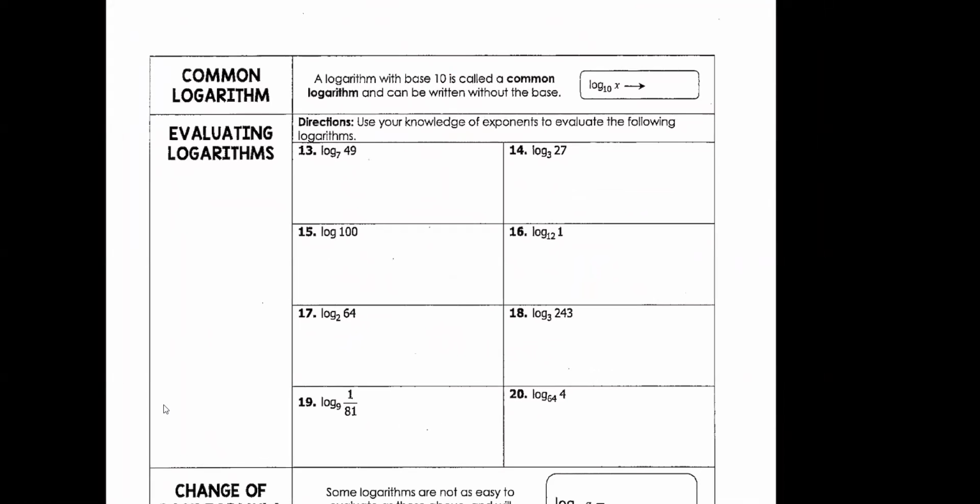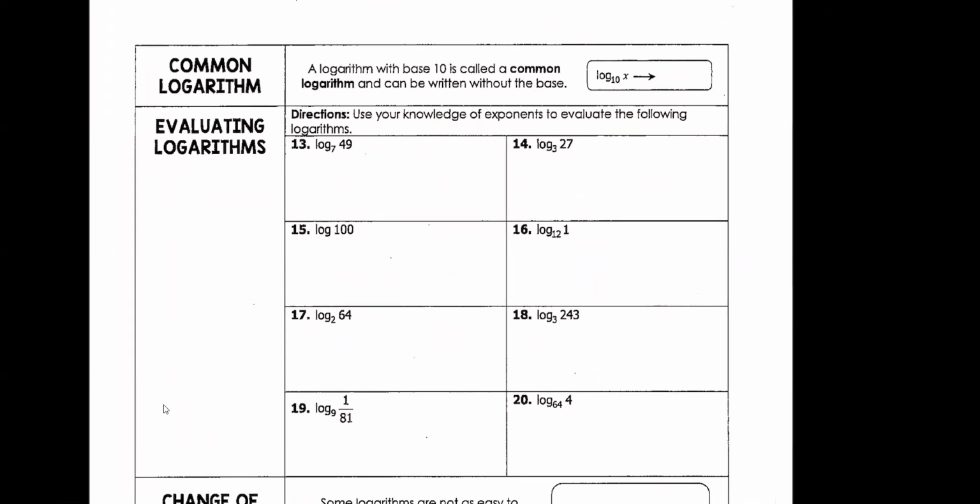One thing when we're talking about logarithms is the common logarithm, or some people just call it the base logarithm. A logarithm with base 10 is called a common logarithm and can be written without a base. So if you ever see just log, or if you look at your calculator, your log button is log base 10.